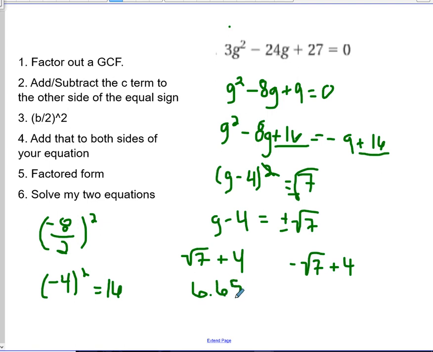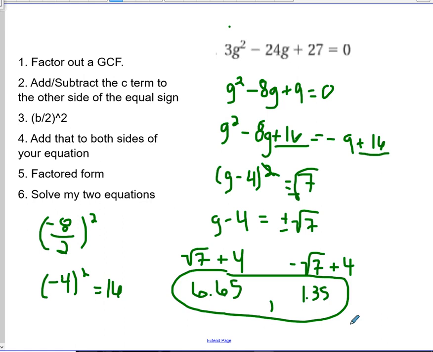And the second one, which I'm typing in right now, negative square root of 7 plus 4, is going to be 1.35. So 6.65 or 6 and 65 hundredths, and 1.35 or 1 and 35 hundredths.